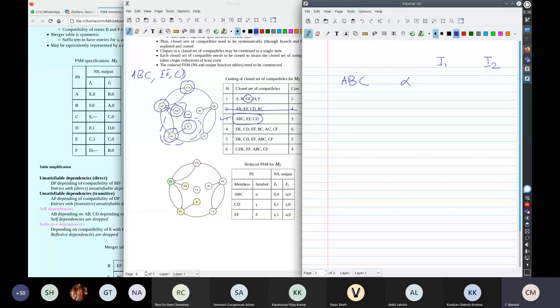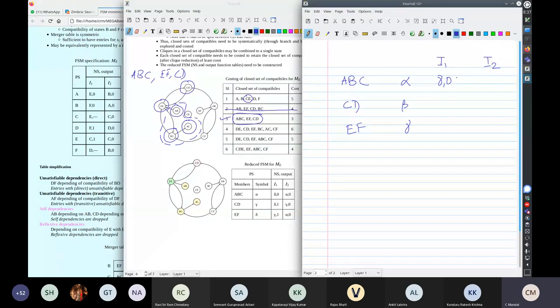Let us just call this beta and this is gamma. If you consider the transitions of the states of ABC, which we're calling alpha, on I1, you can go to E or F. So that is, it should be to gamma. And the output, you can see from the table, should be 0.